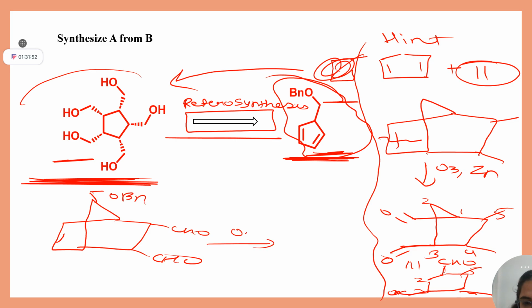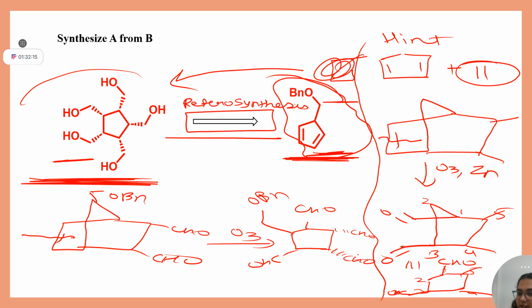Now if I do ozonolysis, this bond will cleave, and what will I get? CHO, CHO, CH2, CHO, CHO, and at the bridge carbon CH2OBN. Yes or no? Everything is clear?